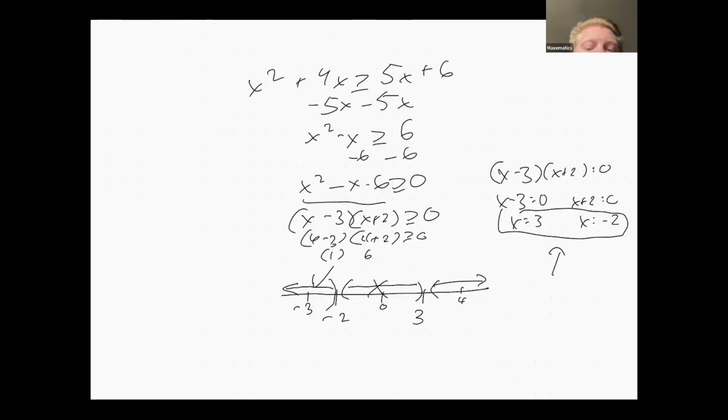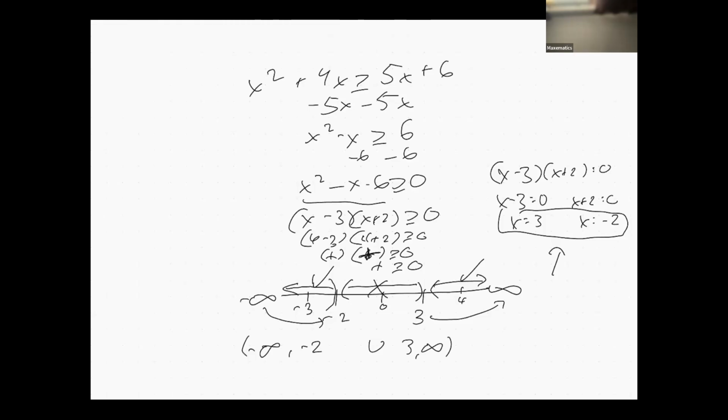Okay, and a positive times a positive is indeed a positive, and positives are greater than 0. So that is true. So then we know our answer is going to be negative infinity up to negative 2 with 3 to infinity. And now all we need to do is determine which of each of our 4 things, 1, 2, 3, 4, have brackets or parentheses.